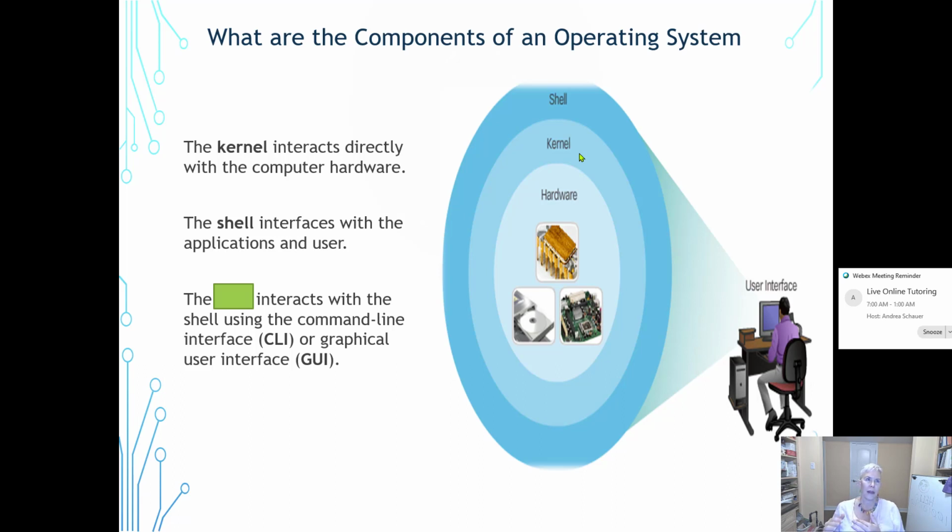So we have some control or effect over the hardware because we can access that through the shell as a user. Now the user interacts with the shell, and we interact with the shell either using a GUI, which is an interface, right? It is an interface that we can access that's web-based, or the command line, the CLI.